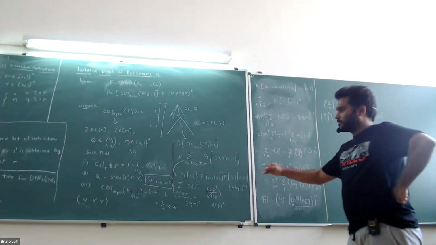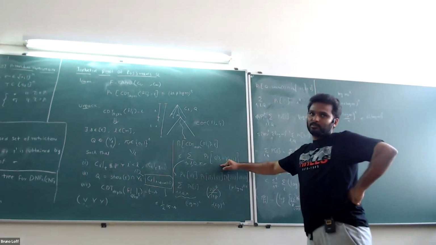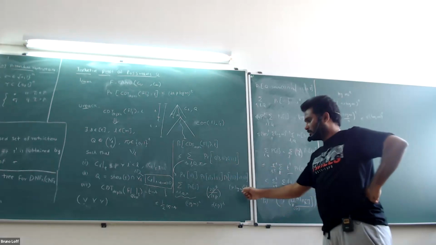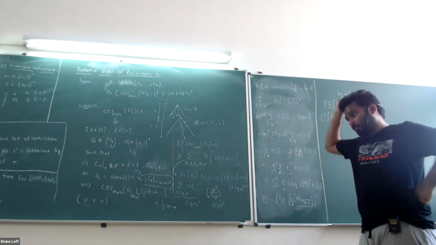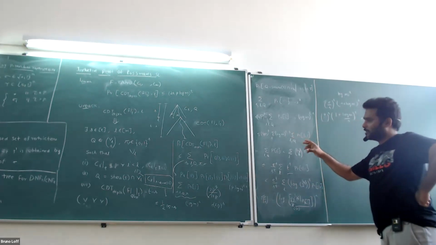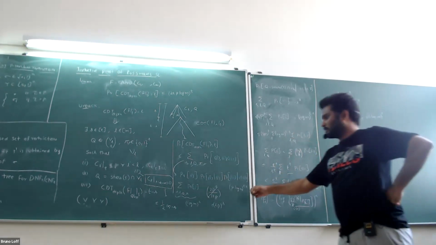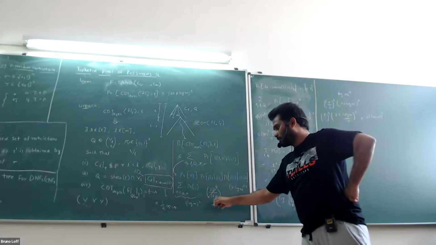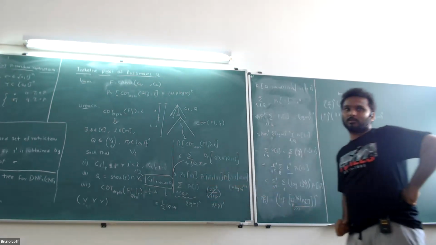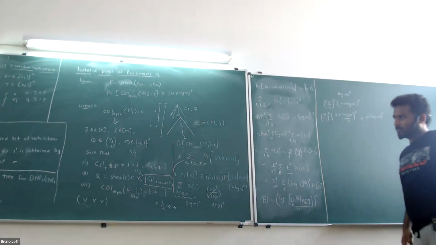Based on these 3 conditions, you can factorize this product into 3 parts, and these are the bounds you get on each of the parts, and somehow using some convexity you can bound these parts separately.